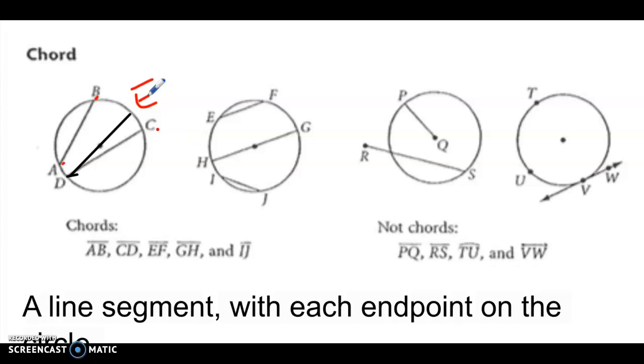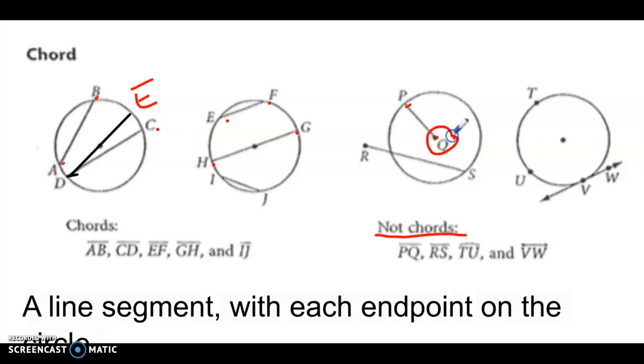Next, EF. Yes, this is a chord. HG, again, this is a diameter and a chord. All the diameters are chords. And AG is a chord too. And here, which is not a chord, let's see, segment PQ.